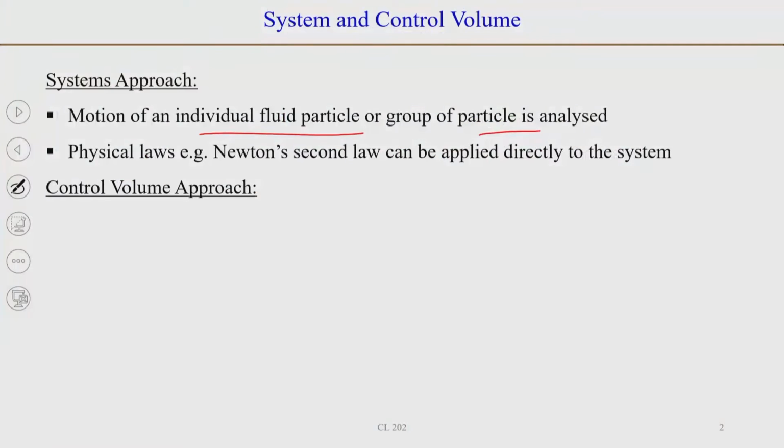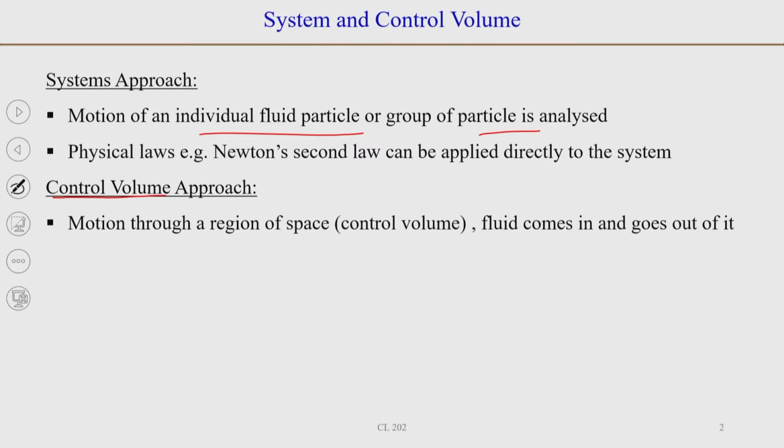The fixed region in space is what we call a control volume. In this control volume, we take a particular region of space, and the fluid can come in and go out of this specified region.